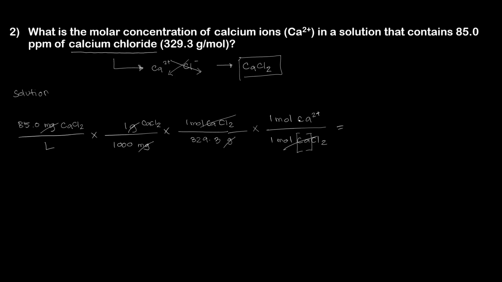Then we are left with mole of Ca2 plus over liter, which is simply molarity. So calculating, this is 2.58 times 10 to the negative 4 molar Ca2 plus. So this is the molarity concentration of calcium ion.